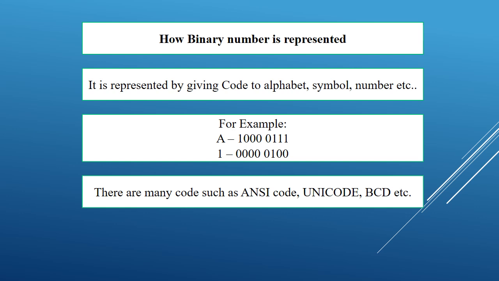This process is called coding. There are many codes such as ANSI code, Unicode and BCD. These codes have different representations for an alphabet, symbol and number. With the help of these codes we represent a character, a number or a symbol in the computer in binary form.